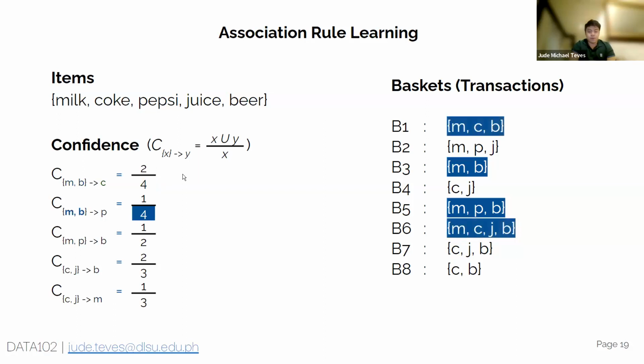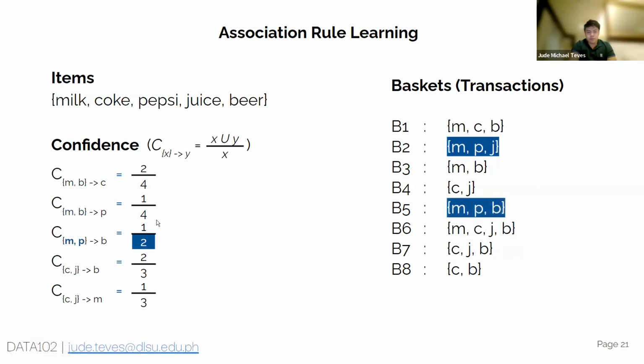The same goes for the second row here. For MB, again, you have 4 transactions. So that's the denominator. But for MB implies P, you only have 1 basket. So that's 1. So it's 1/4. For MP, you only have 2 in the denominator, so 1/2.